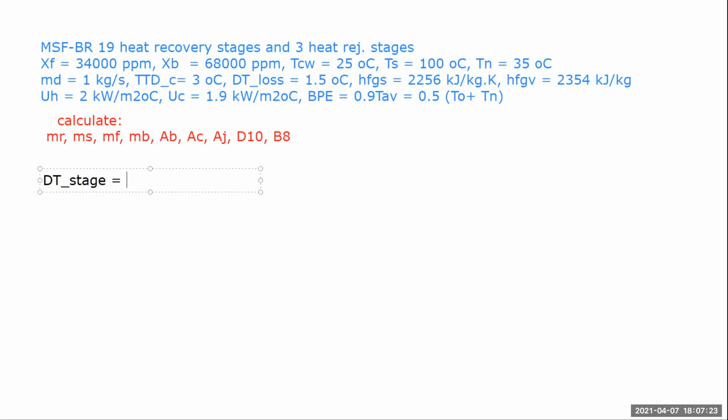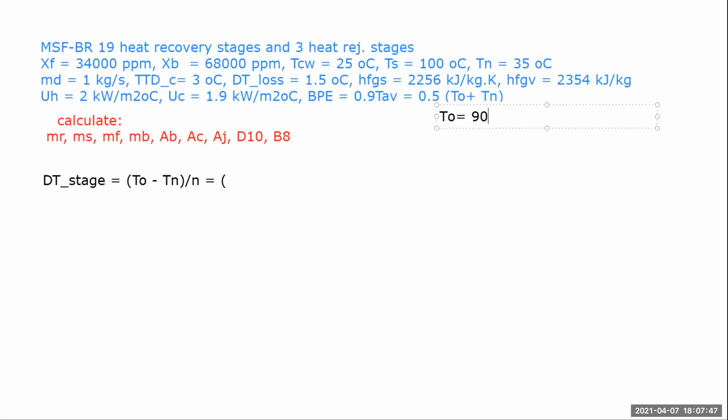And delta T stage would be nothing but T naught minus Tn divided by the number of stages. In our case, is T naught given? Let me check, because if it's not given, that should have been provided in the problem. Maybe I can put it separately here.